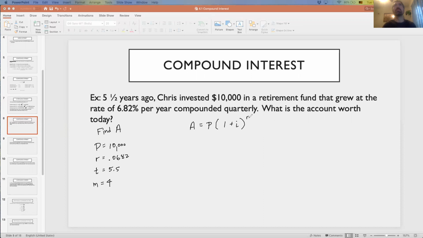All right, so once we identify the variables, then we can use this condensed formula. If you like using the longer version to where you don't have that I and the N, you can make the habit of using this formula with the M's. I like using this formula because it includes all of my variables. A is equal to P times 1 plus R over M raised to the M times T. And I know all my variables. P is 10,000.